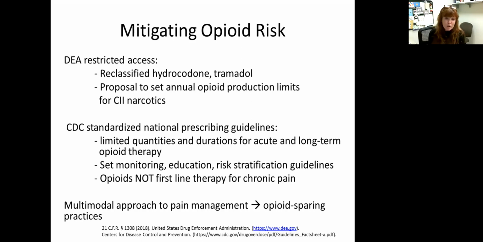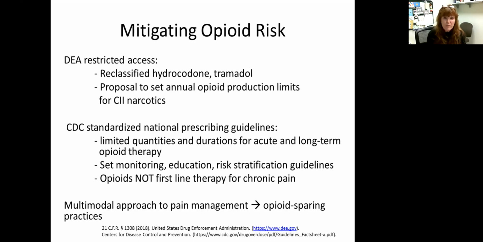The DEA also at one time tried to propose setting manufacturing limits on opioid production, which didn't really go through. The CDC in 2016, I think we all know, started to standardize how we are prescribing. They have set up rules that each state has incorporated into their own set of rules on how we're going to monitor, educate, and stratify risk for our patients.